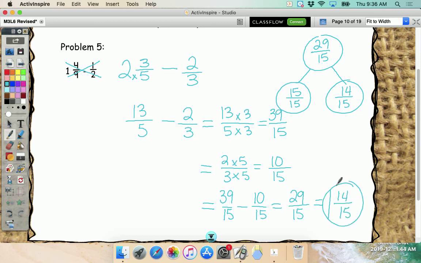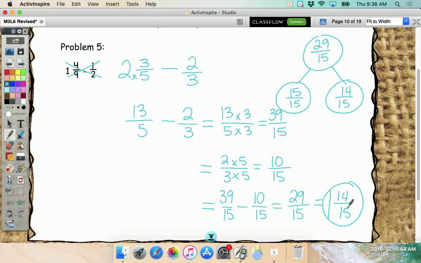Now, to me, this is a lot of stuff that we might not need to do. First, I change it to an improper fraction. Then I end up with an improper fraction and have to change it back to a mixed number. So when we get to these kind of problems, Sergio, Oziel, there's a better way to do it. And I'll show you that.